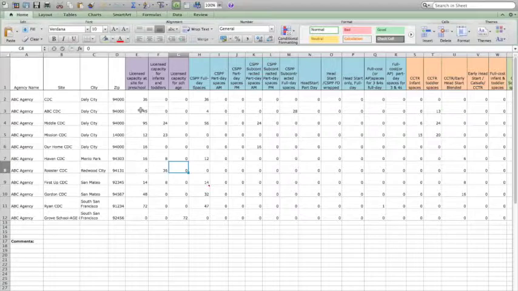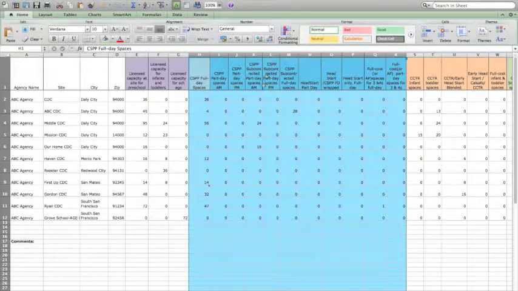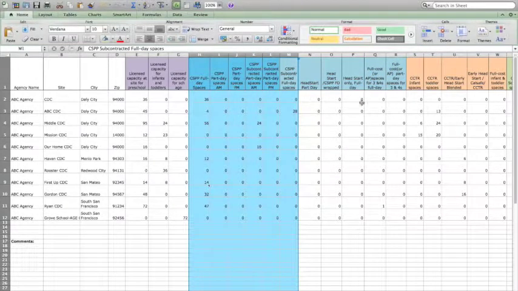And then I drill down to how many CSPP sites do you have? And all this that Sarah has highlighted is all related to 3- and 4-year-olds. So how many California State Preschool full day spaces do you have at that site? How many part day? How many part day AM and PM?